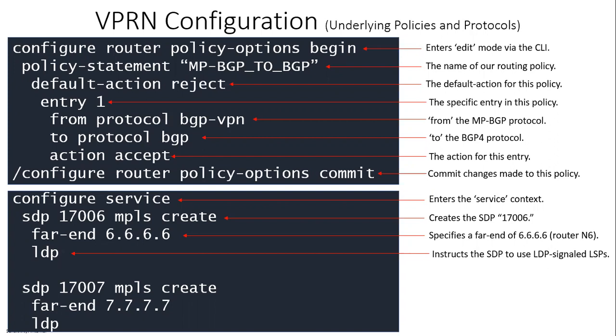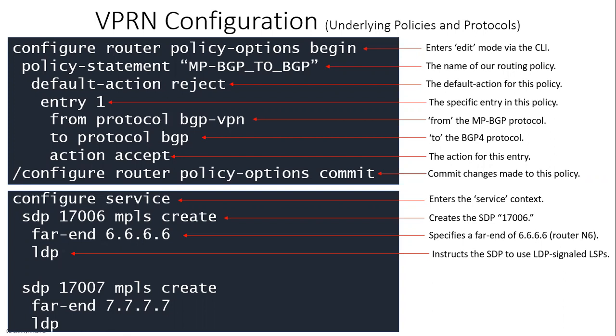We're going to name this policy statement multi-protocol BGP to BGP, and our default action is going to be reject. For our first entry, entry 1, we're going to take routes from the routing table BGP VPN, place them into protocol BGP, the BGP4 table, and our action is going to be accept.